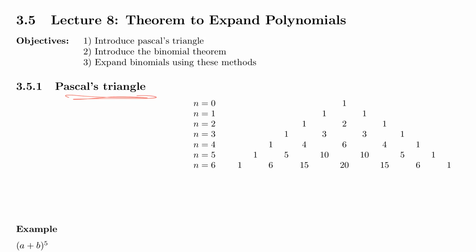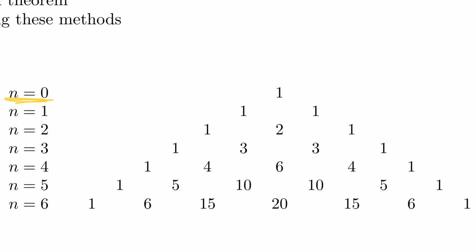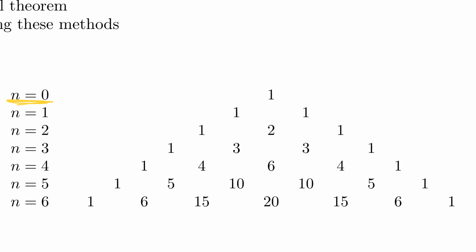So the way we build it is as follows. We start with the first row, which we name row 0, or n equals 0, and we write number 1, and on each side of number 1 we write 0 and 0.